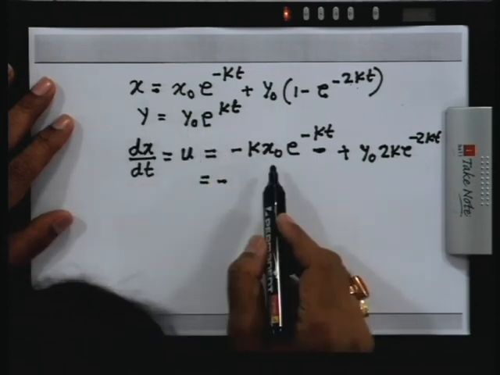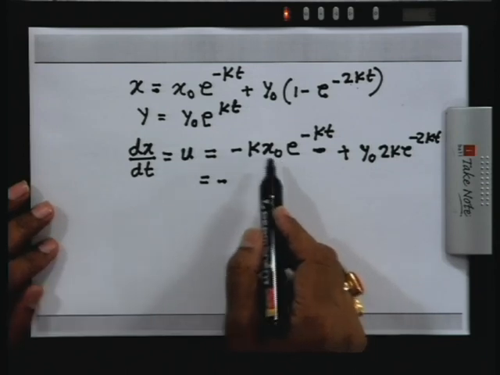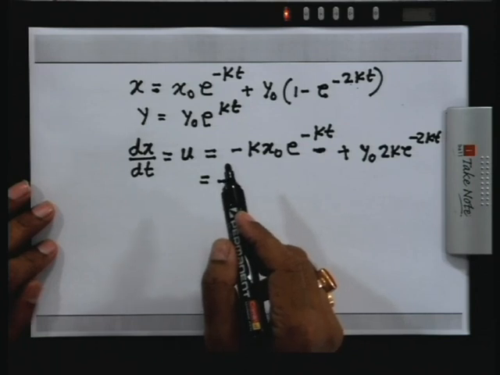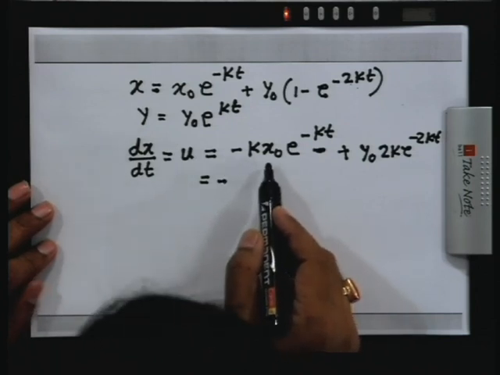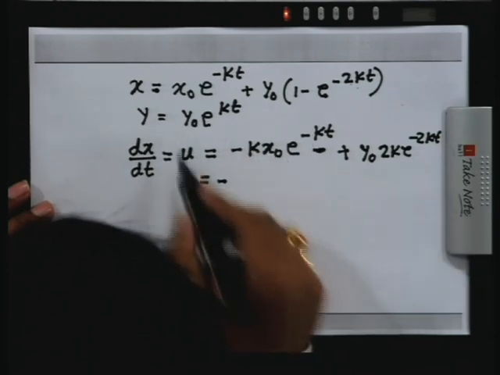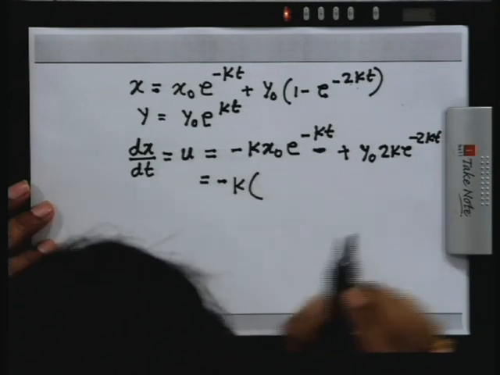Now, what do we do? We substitute for x0 e to the power minus kt. So, we have to express this x0 e to the power minus kt, and this has to be eliminated tactfully.